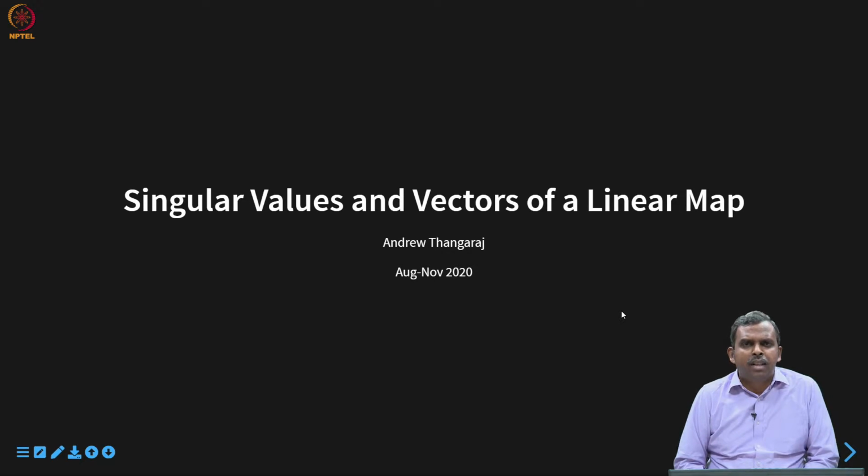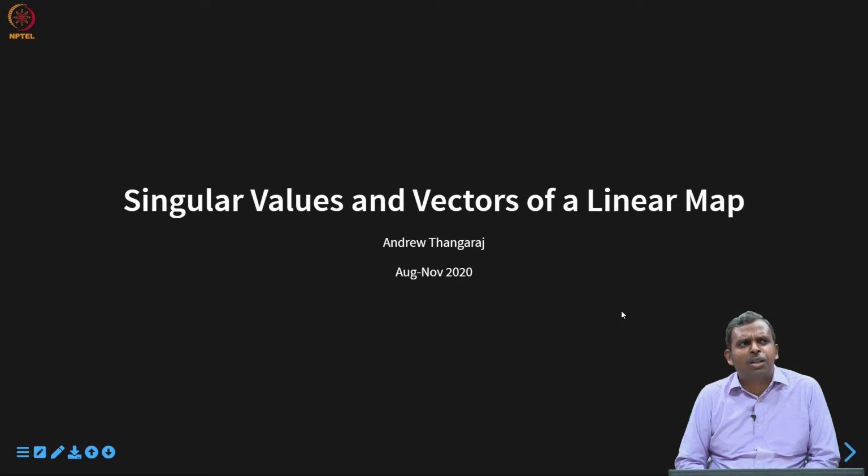Now there is an equally powerful idea with huge applications today, which is not based on eigenvalues. It's based on something called singular values and singular vectors. Like you had eigenvalues and eigenvectors, it's possible to define singular values and singular vectors for, in fact, general linear maps.